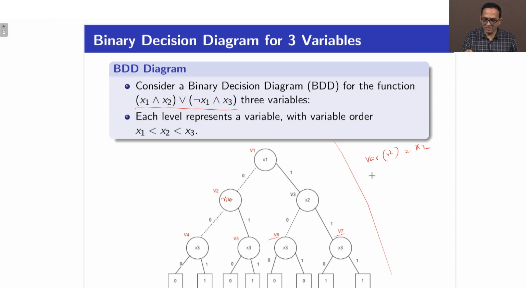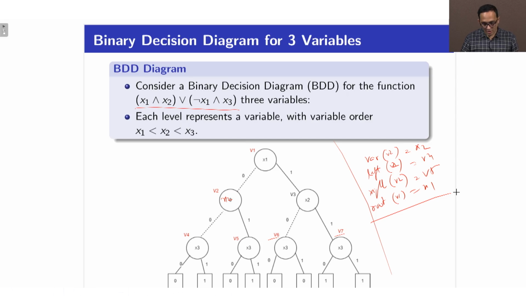Then left of V2 is basically V4, and right of V2 is basically V5, and so on. The root of this BDD is x1.